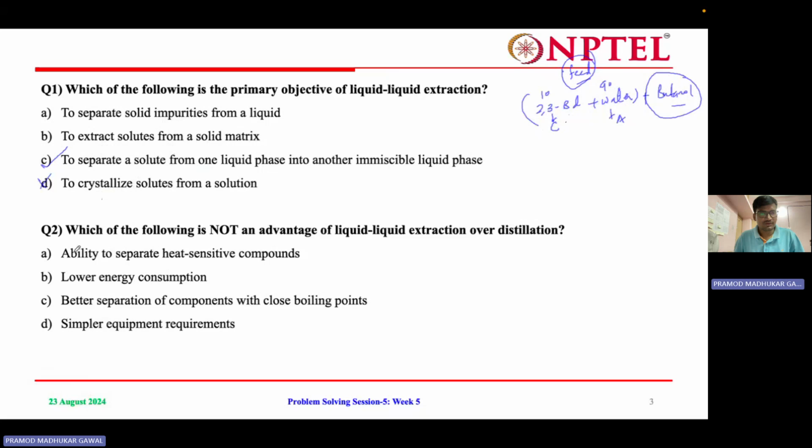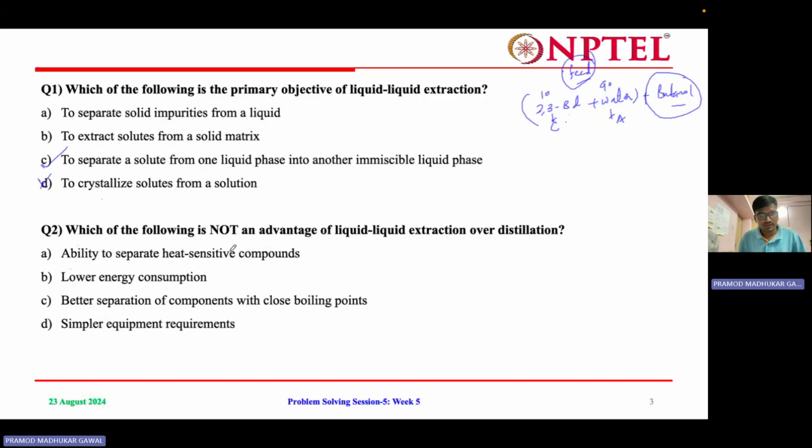Moving to question number 2: which of the following is not an advantage of liquid extraction over distillation? We have to check option-wise. First, A is the ability to separate heat sensitive components.